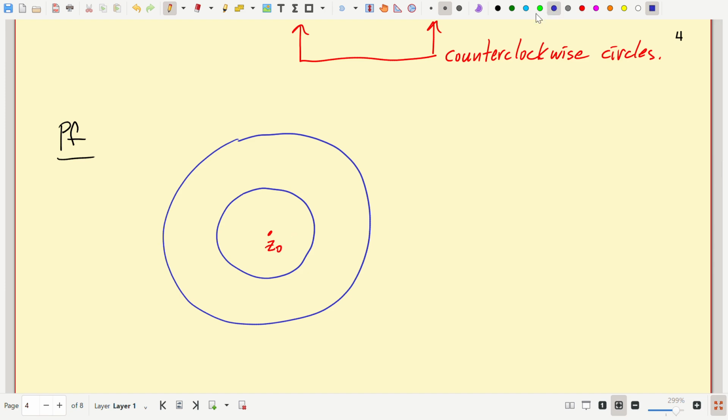If I go counterclockwise on the outer one, this would be C rho 2 of z naught, and the inner one going clockwise would be minus C rho 1 of z naught.